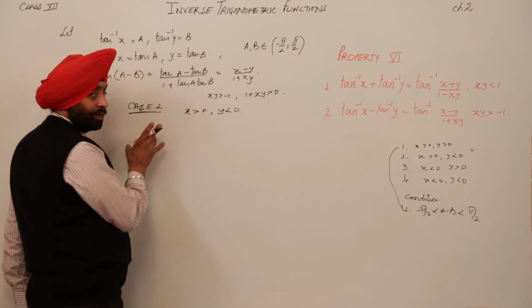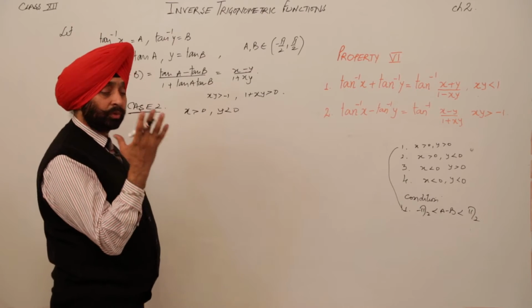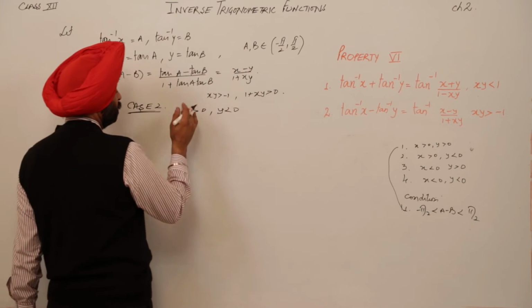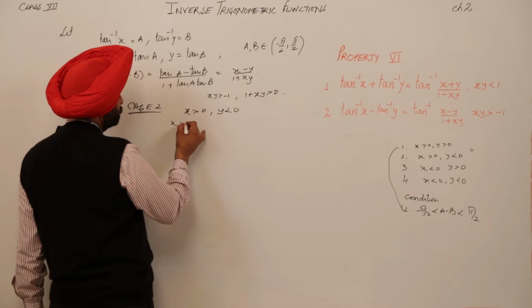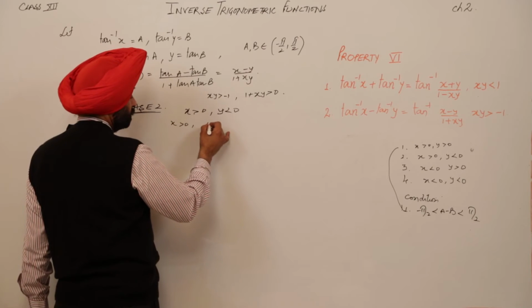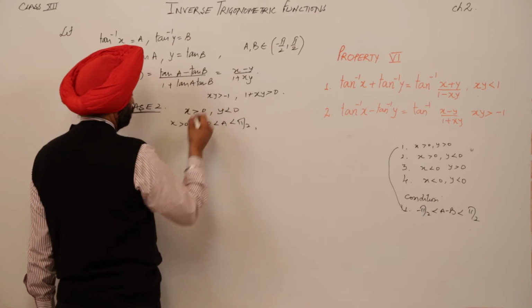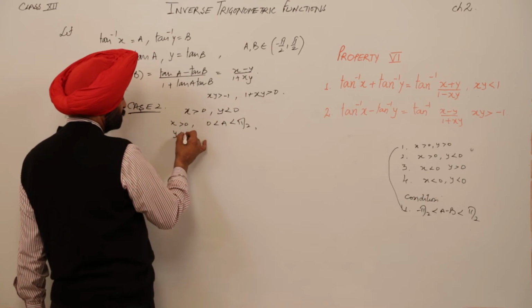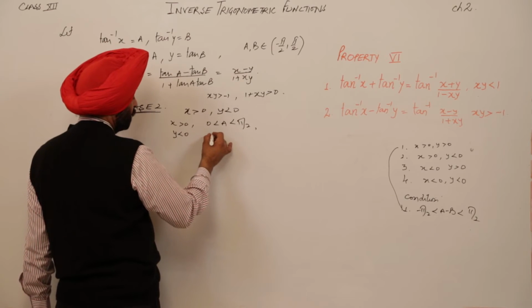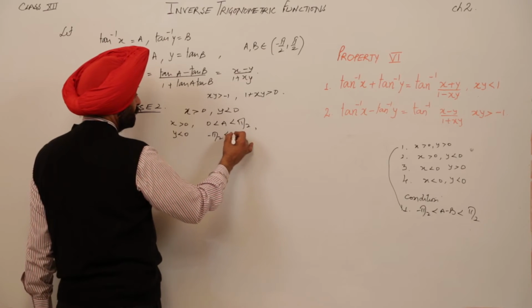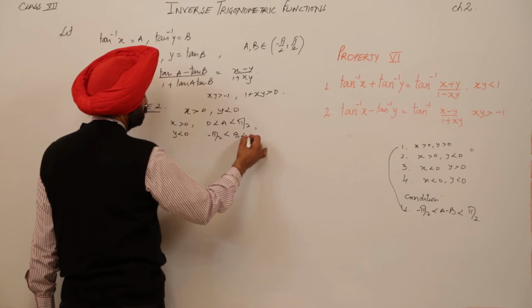Now I will write the conditions and then approach the final step. When x is greater than 0 we have 0 is less than a is less than pi by 2, and when y is less than 0 we have minus pi by 2 is less than b is less than 0.